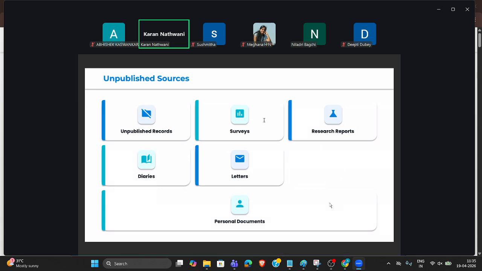Records which are unpublished, like surveys, can be manipulated. Certain people say it is more important, certain people say it is less important. So a survey cannot be 100% sure. Research reports, though ethically proven to be correct, but you never know.